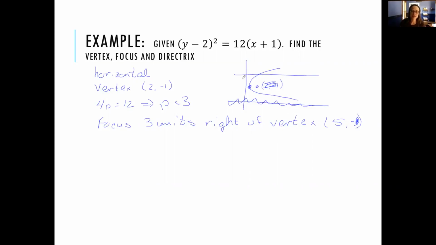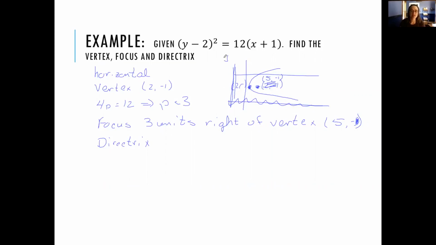So the vertex is here at 2, negative 1. The focus is here at 5, negative 1. The directrix is 3 units to the left of the vertex.